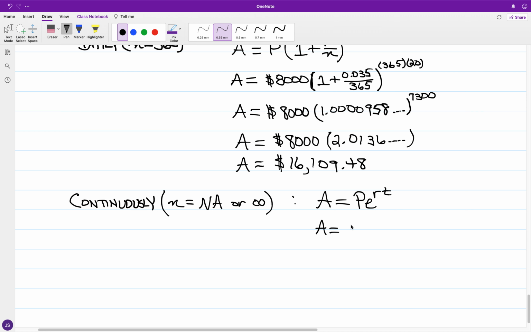Again, we have P at $8,000. And for e to the rt, r again is 0.035, and the time span is 20 years.